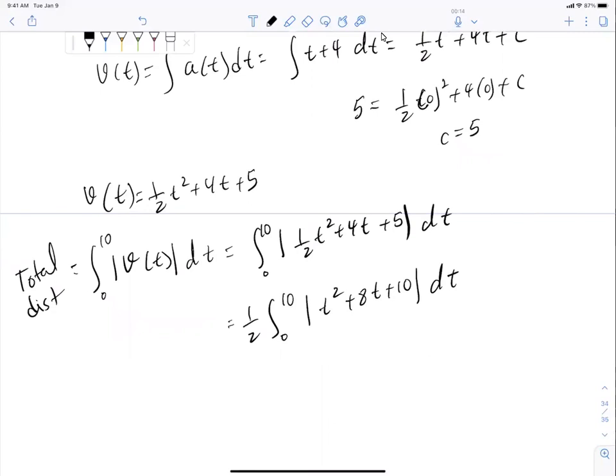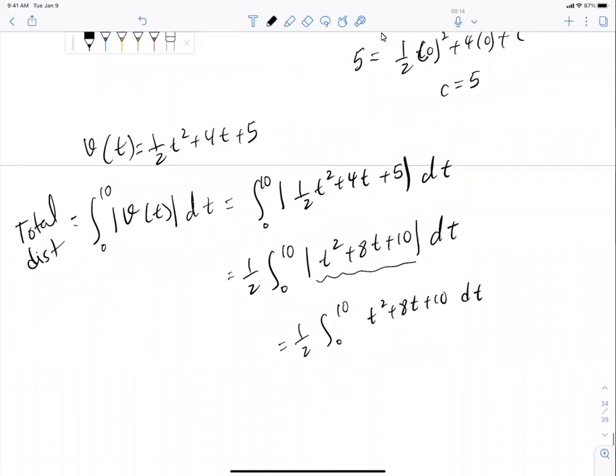Now, this function from 0 to 10 remains positive. It never has any negative parts to it. So its absolute value is the same thing as the function itself, because it's always positive.